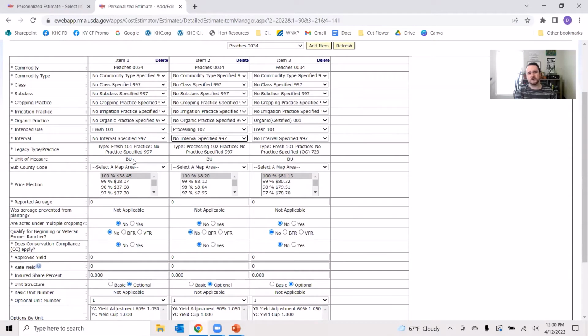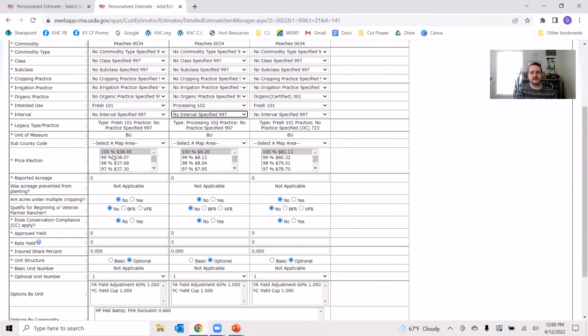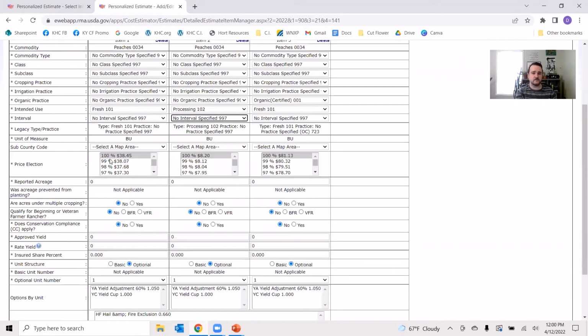You can see it's already chosen a unit of measure for us, so bushels of peaches. And then down here, it gives us the price. So you can choose which price you want to sell at, but for this example, we'll just go with 100% of the price. So for conventional fresh, that price is $38.45 per bushel. For the processing peaches, it's $30 less.